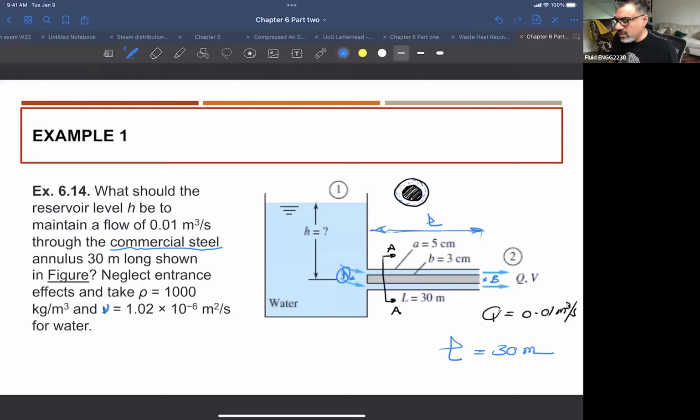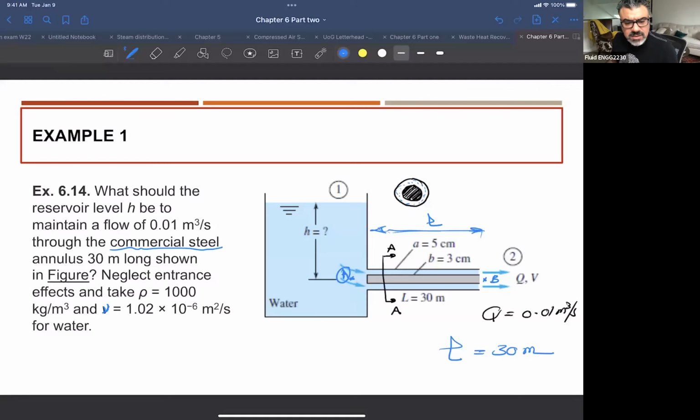Point B pressure is 0 because it's going out to the atmosphere. There's no mention of any other pressure at this point. The pressure at point A is basically the pressure head inside the tank, right? What is going to be missing? Just think about the problem before we start solving.